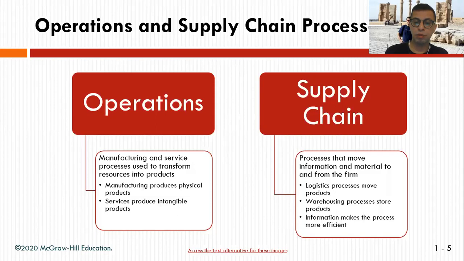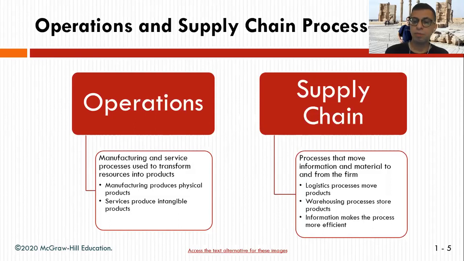Manufacturing produces a physical product, and then you have the service product, which is the intangible product. They both have certain specifications that we need to take into consideration when operating in a factory or a company, in order to improve the business.